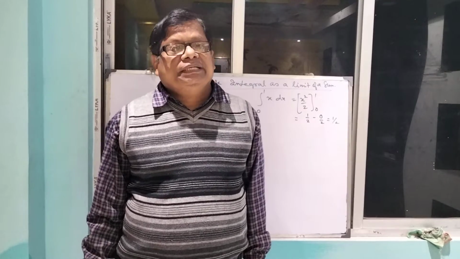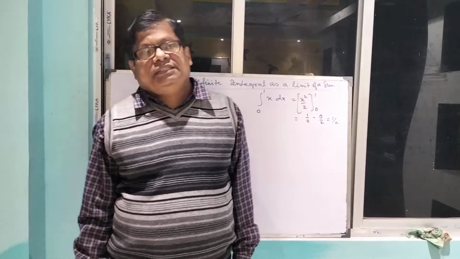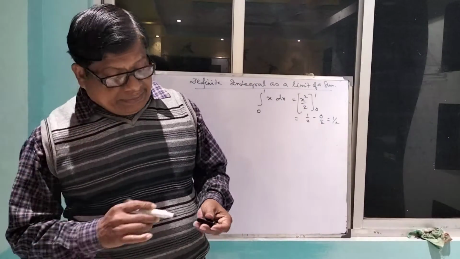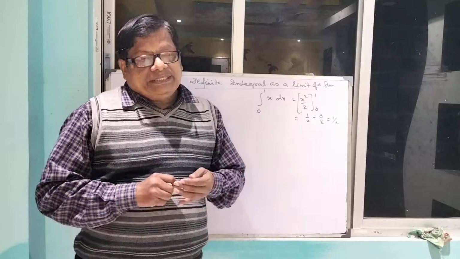Then integration a to b f(x) dx equal to phi(b) minus phi(a). Okay, I am writing the statement.